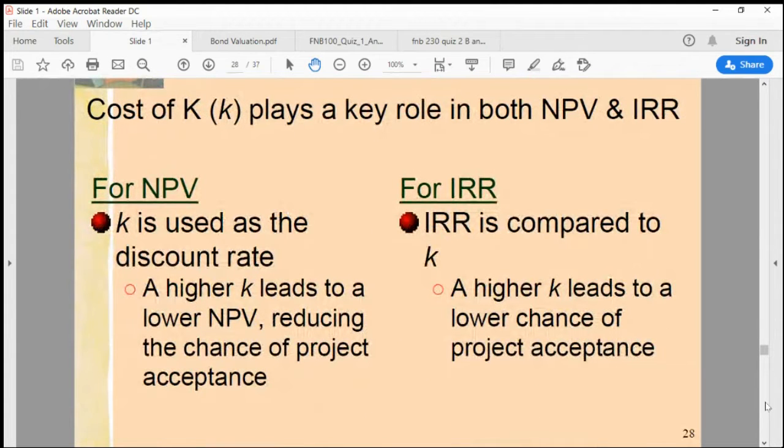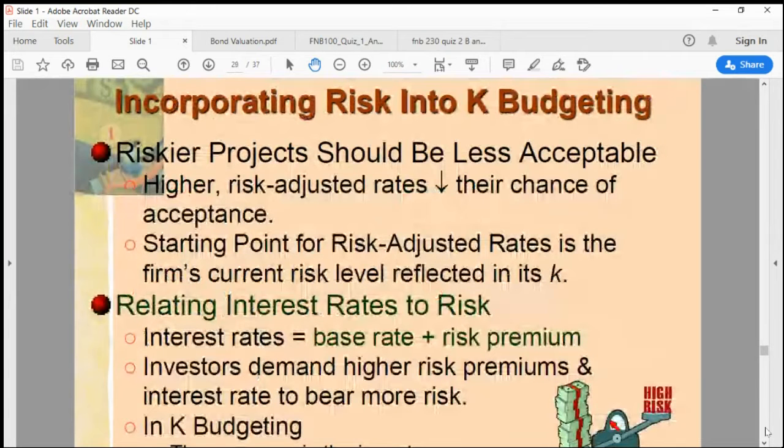So that means for a riskier project, of course, by now you should all know, you should use a higher discount rate or higher cost of capital. Then you can avoid or prevent accidentally accepting a risky project, right?